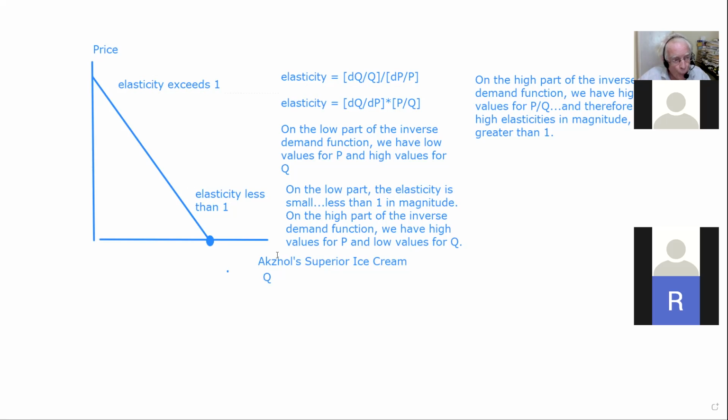Okay, so that's all we need to know to determine why it is reasonable to think that the monopolist will not have an elasticity less than 1 in magnitude.